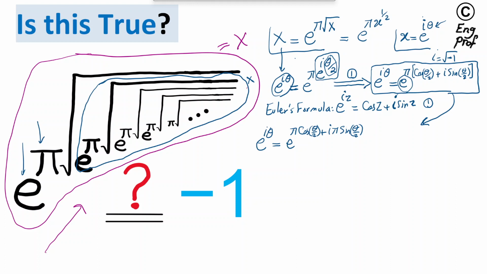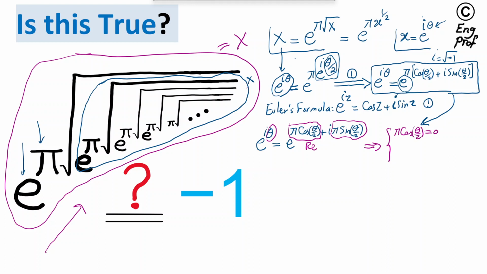We can see that the exponent on the right side has a real part and an imaginary part. But on the left side, we have only an imaginary part. So as a result, given the target equality we are chasing here, we understand that the real part of the right-hand side should be equal to 0 in order to get some equality.